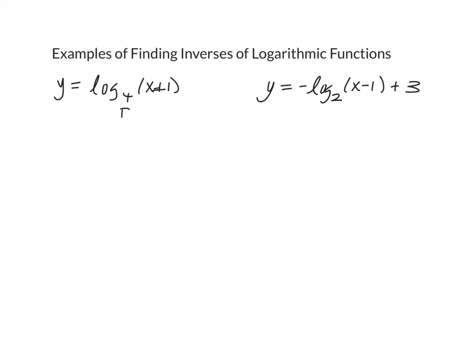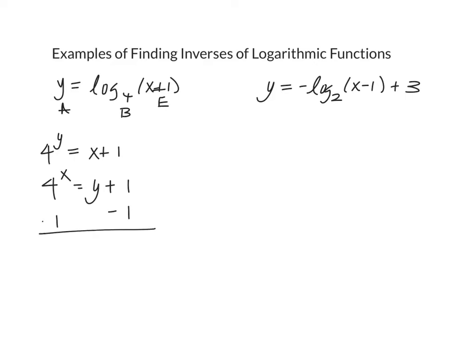So remember, this is the base, this is technically the exponent, this is the answer. So we would have 4 to the y equals x plus 1. From there, we would switch x and y. So that becomes 4 to the x equals y plus 1. And again, solve for y. So we would get the inverse as being 4 to the x minus 1.